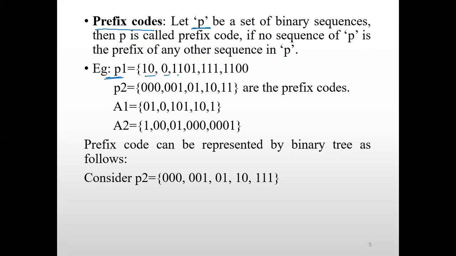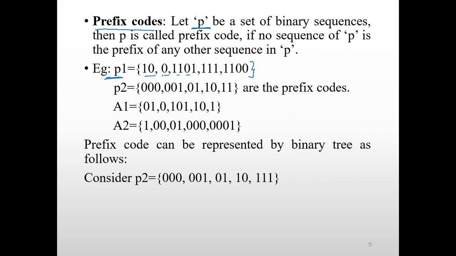Here we have different sequences. Also we need to keep in mind, if it is to be a prefix code, then if we consider any of the sequences, it should not be a prefix for any other sequence present in the given prefix code. So here prefix is nothing but the starting element of the sequence.